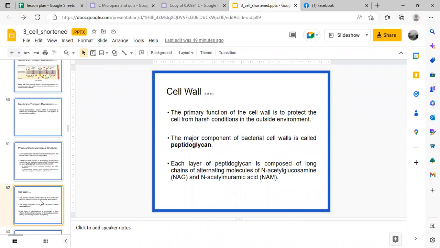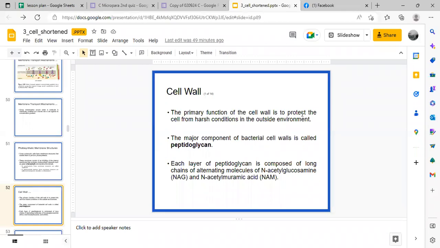Okay, so the major component of the bacterial cell wall is the peptidoglycan. From the word peptide, you have amino acids joined together, and glycan, like the word glycogen, you have a carbohydrate component.